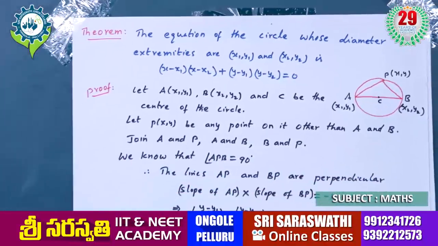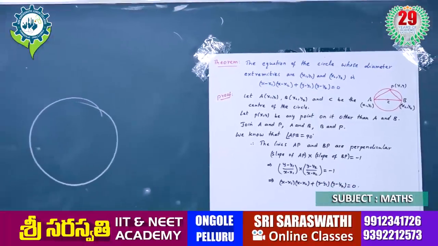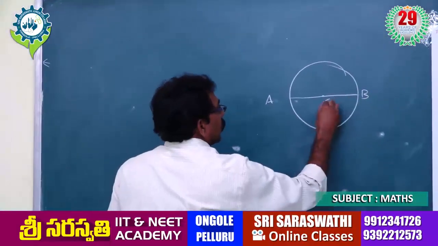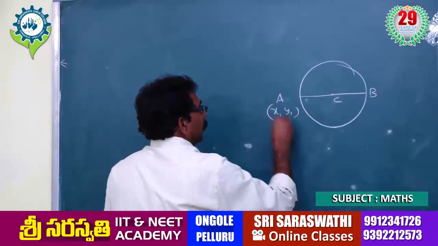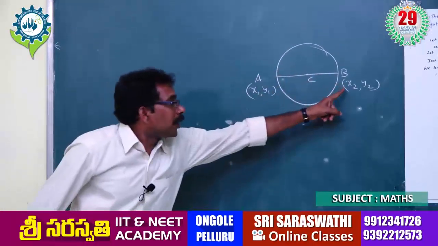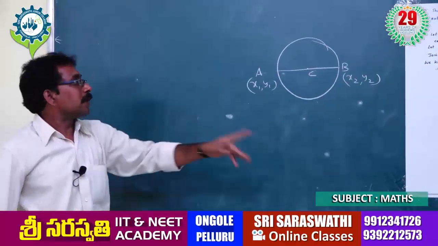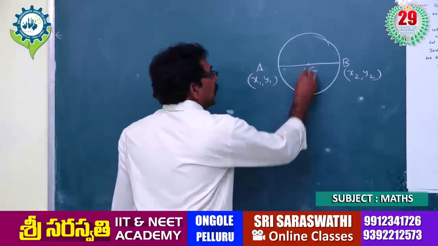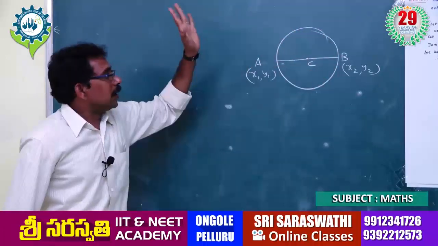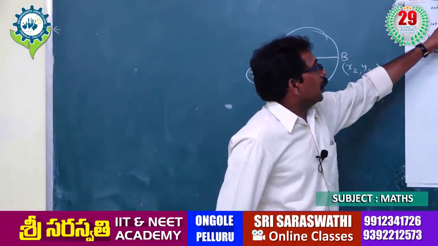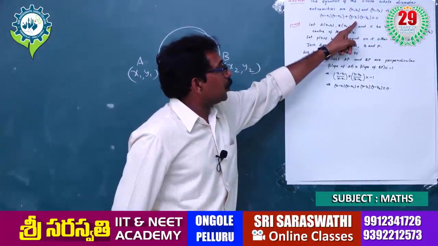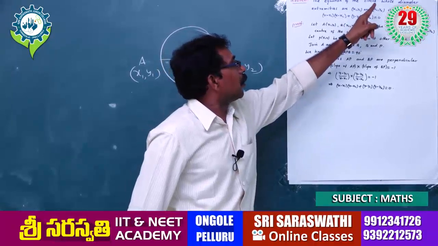Means, if we know the diameter endpoints, A x1 comma y1, B x2 comma y2, of this circle and C is the center, then the equation of the circle is x minus x1 into x minus x2 plus y minus y1 into y minus y2 is equal to 0.